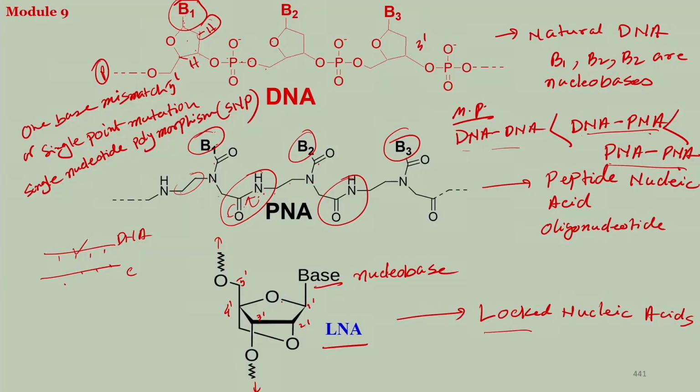More or less the same is true for locked nucleic acid. This is, to some extent, stable with nucleases because of the structural variations. Nucleases do not take this as a substrate most of the time. It is to some extent stable with nucleases, and of course, it has better binding property.